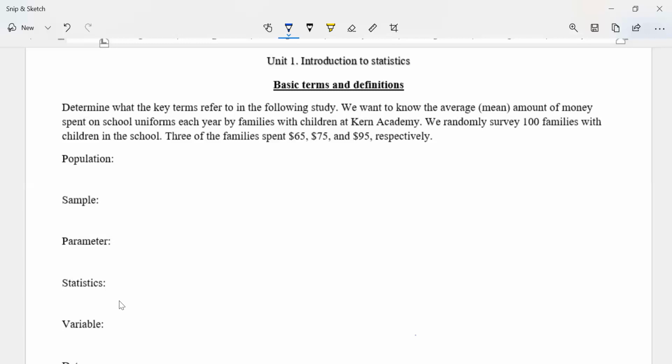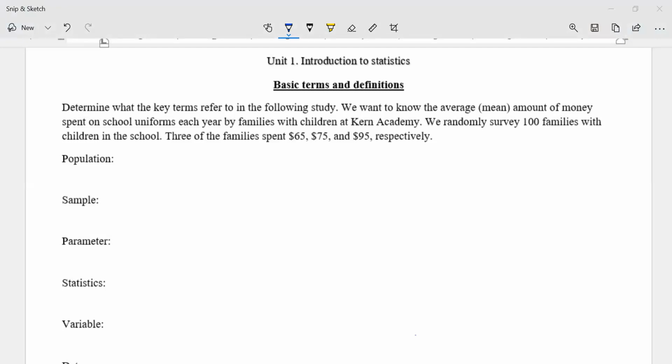Okay. Then we move into the next word, statistics. You guys have your key terms. According to our paper, statistics, it's a numerical characteristic of the sample. So now this is going to describe the sample. A statistic estimates the corresponding population parameter.